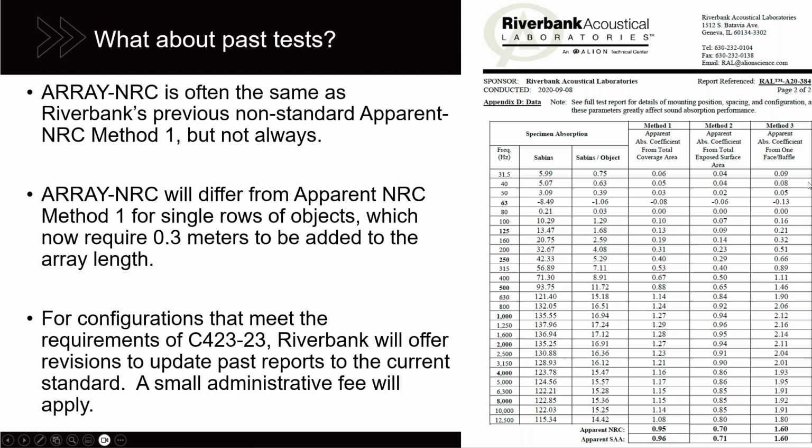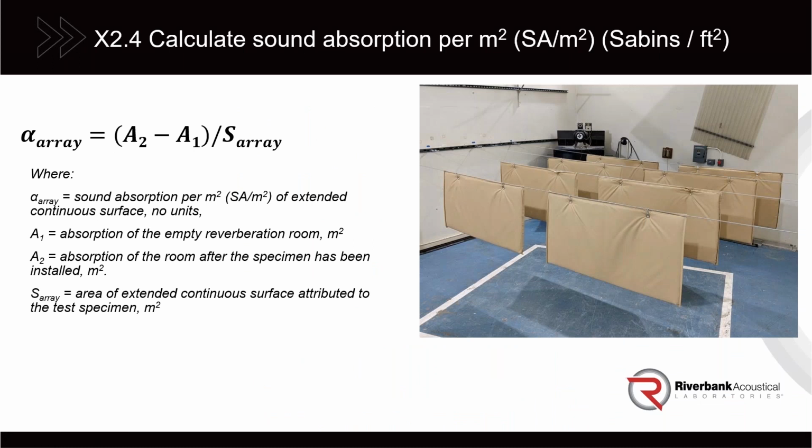But if I understand the question correctly, you're asking what was the value that was used in this method 3? In this example, let's say these are 2 foot by 4 foot baffles and there's 8 of them. In method 3, that area value would be 2 feet by 4 feet, so basically the area of one face times 8. In this case, that would be 64 square feet.